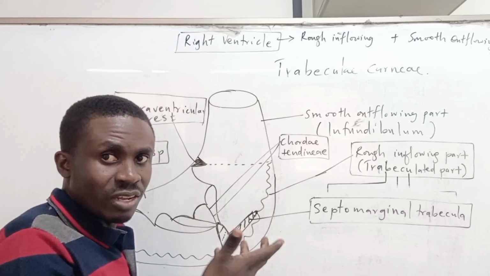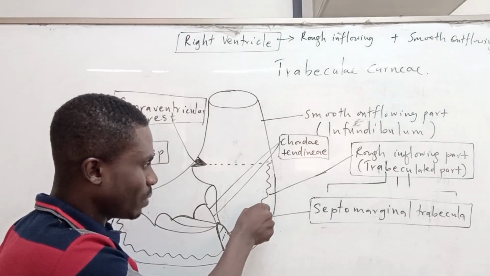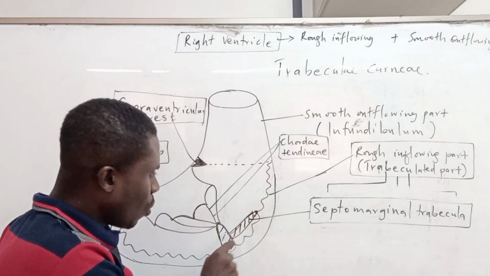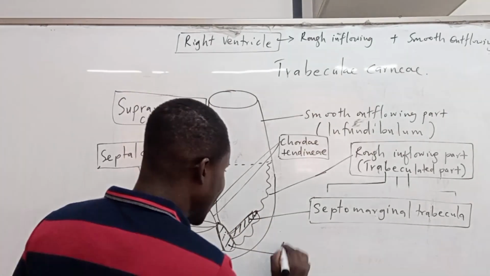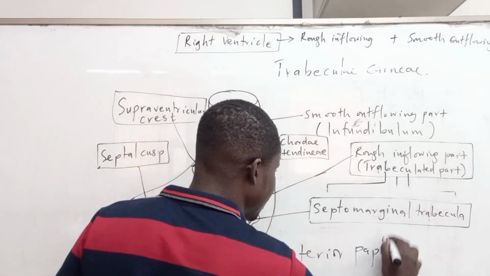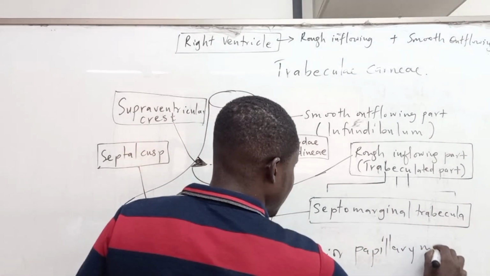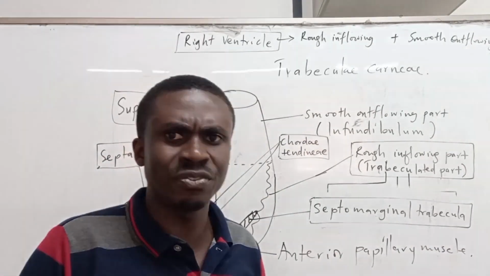It is one of those trabeculae carneae that is a bridge, connected from the septum all the way to the margin, which this time around, as I've told you, I've changed to the anterior papillary muscle. This is something we call the septomarginal trabecula.